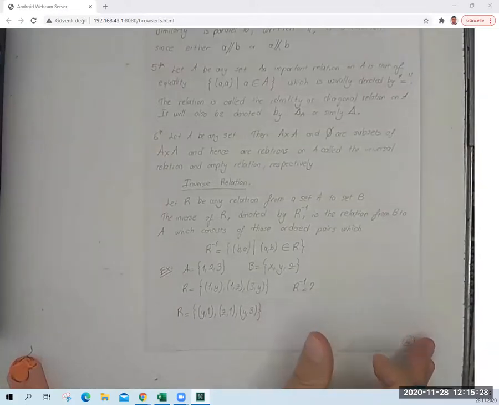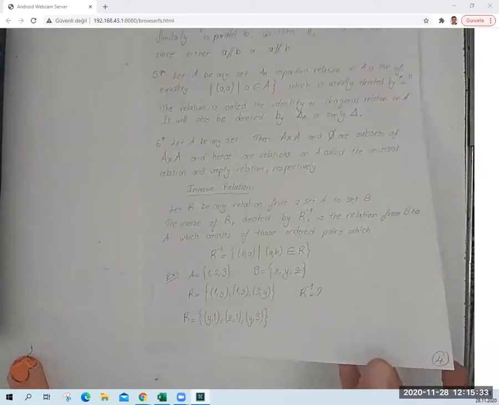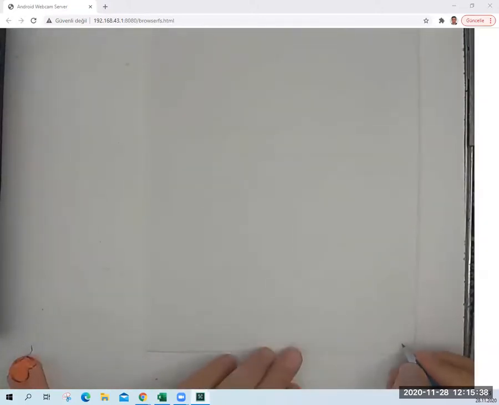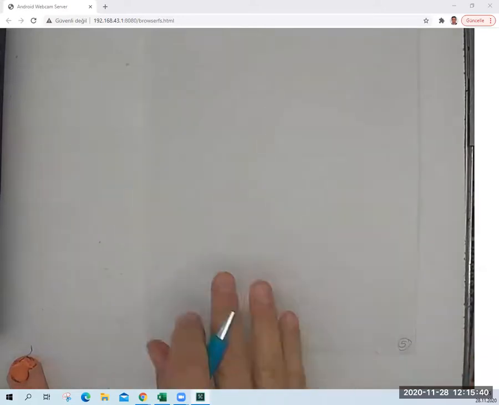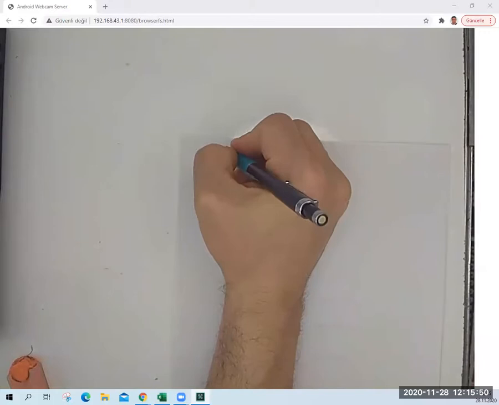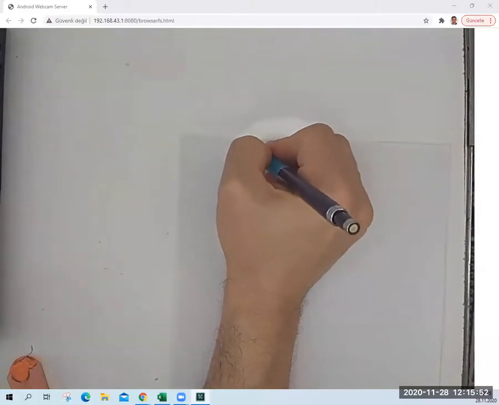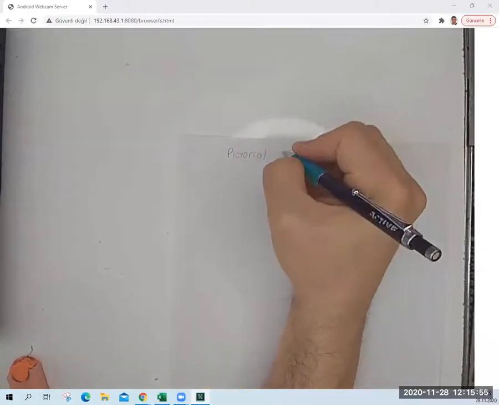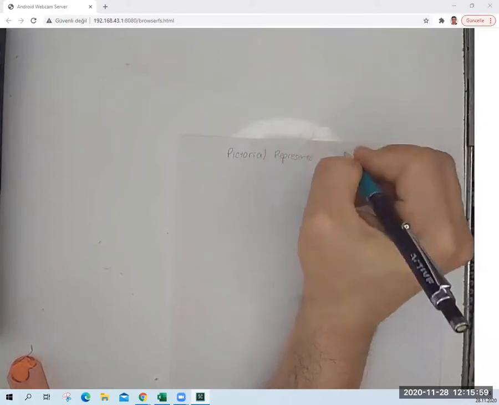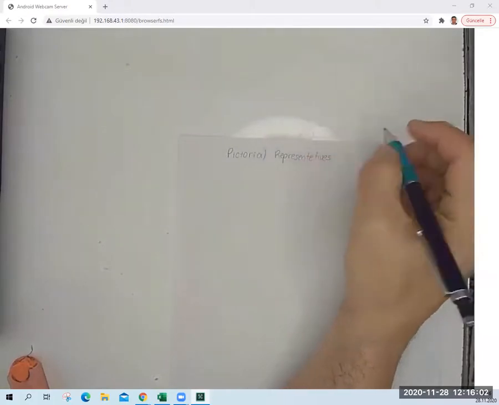Let's see how we can represent that relation in our new page, page 5, as a pictorial representation of relations.